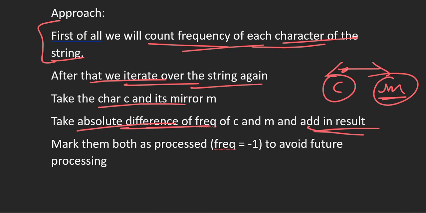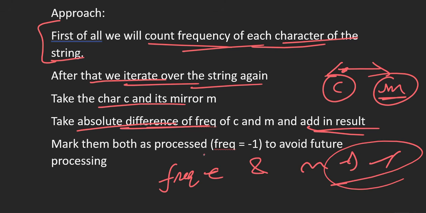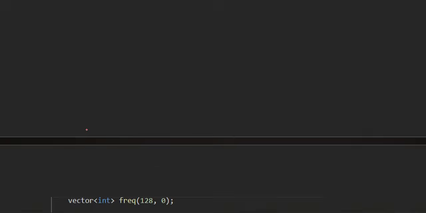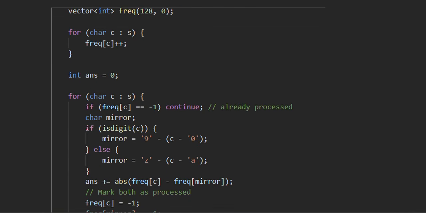After that we mark the frequency of C and the frequency of M as -1, so that it tells us these characters are already processed and we will not process them again in the future. So let's see the code part.